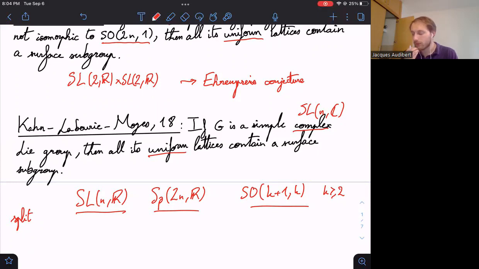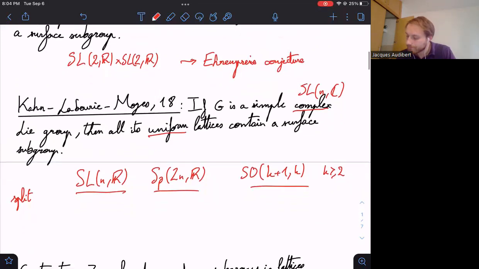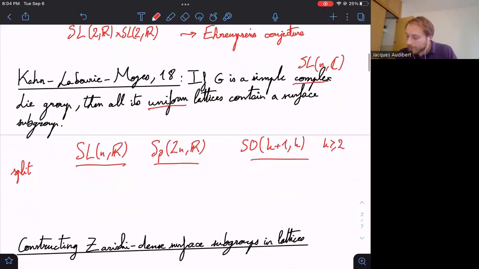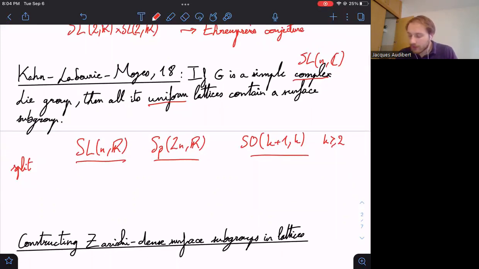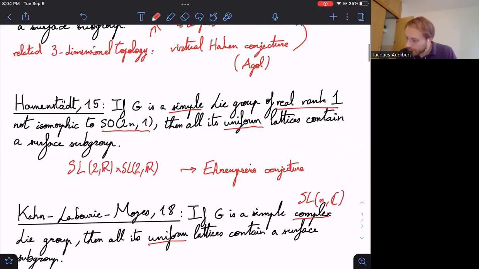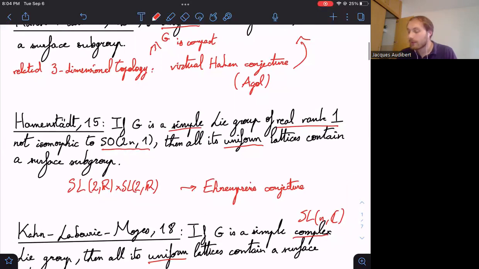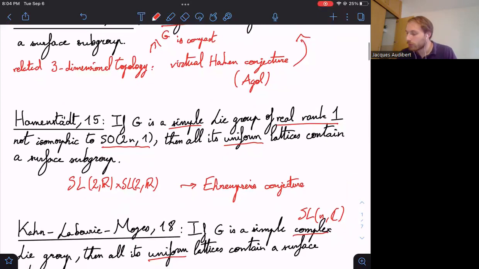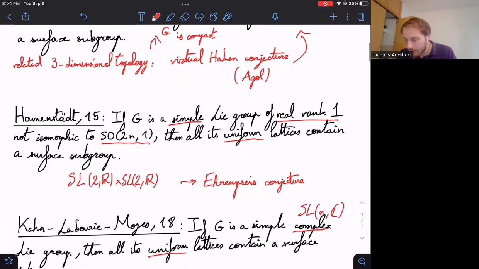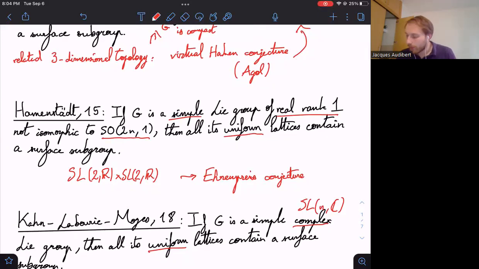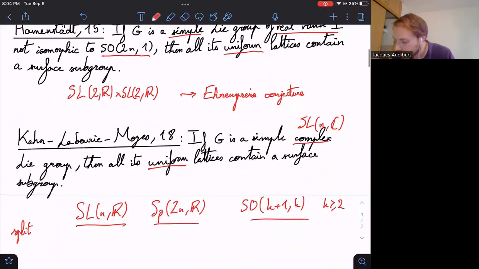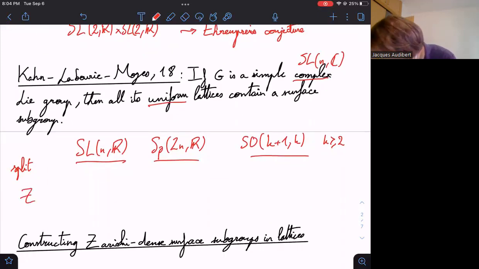But she also specified that it's not the image of a Hitchin representation. Those are not Hitchin representations. Hamenstädt assures me that even though those results do not say that the images are Zariski dense, they can be modified a bit to produce Zariski dense representations. I'll define here what Zariski dense means.